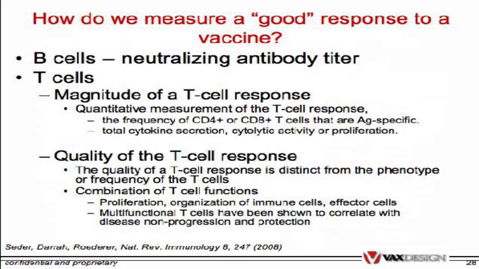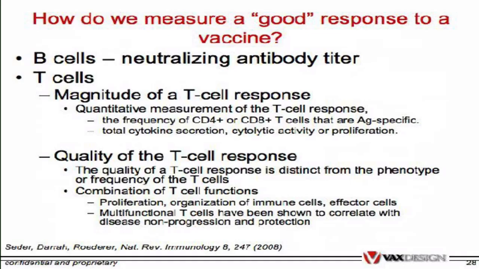For those of you who know what that is, if we load a cell up with CFSE and it divides and these cells proliferate, typically half of the CFSE will be given to the daughter cells. And if they divide again, half there. So you can see the progression of cell proliferation by the decrease in the amount of CFSE labeling that you have in your cell population. That's one method that we use to measure that.